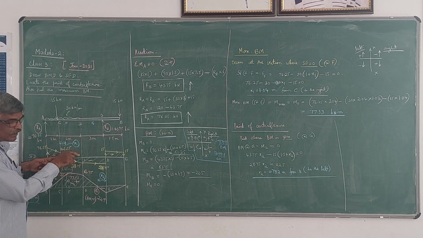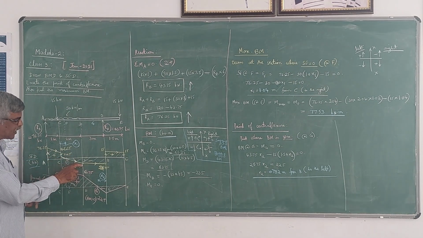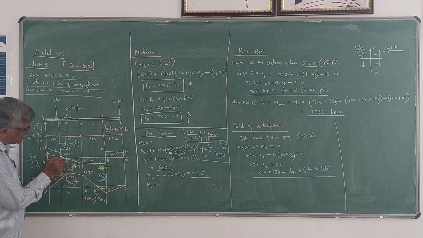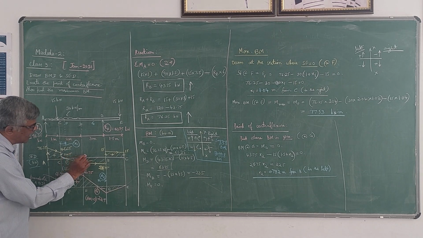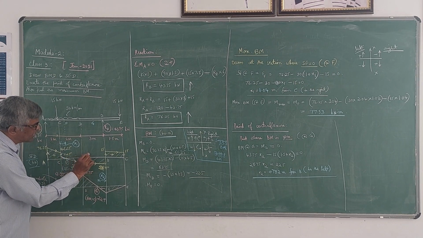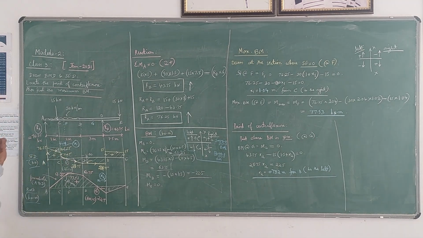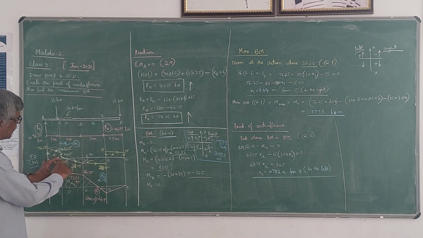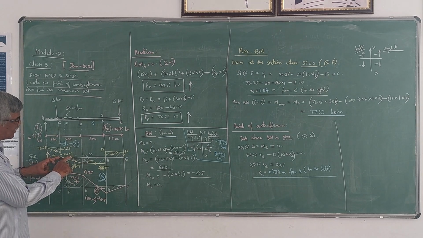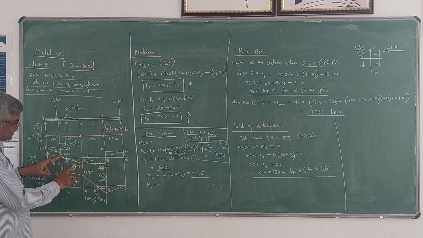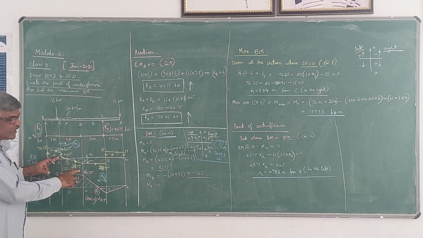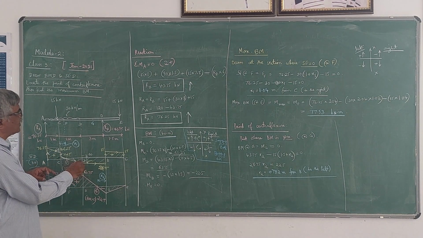We are moving below the line, so this becomes negative. So UDL is converted to concentrated load, and this is a total of 60. So 31.25 minus of minus 28.75 is 60 kilonewton. Now I am here at D.